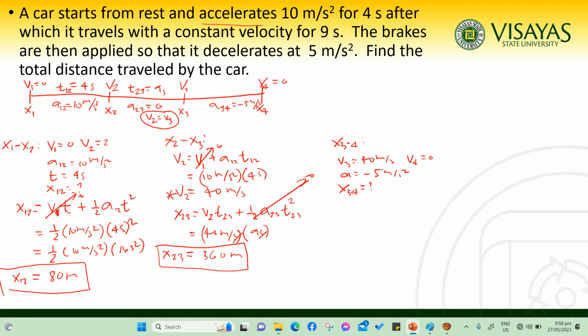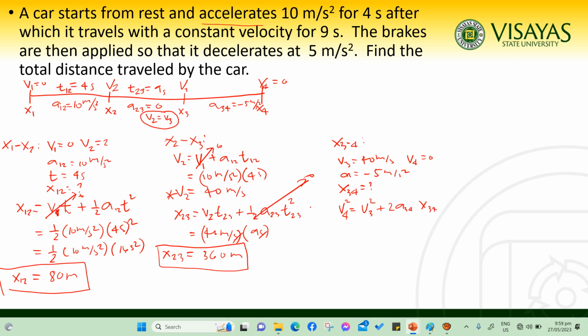Okay, so using the formula, you were given the final and initial velocity, v3 and v4, and then you have x. Then we can use this formula: the final velocity squared equals v3 squared plus 2 a34 times x34.